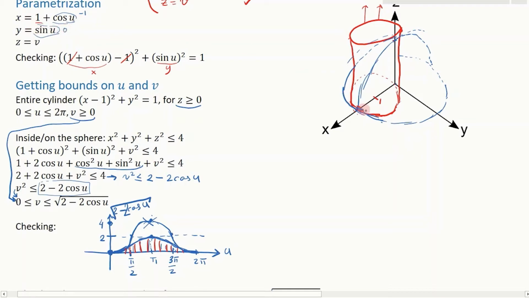So we're just going around all the way to this point. And when we reach this point, the bound is 2. And everywhere in between, we have the bound slowly increasing. So our bound looks something like this. And then after this, it starts to decrease all the way to 2 pi.